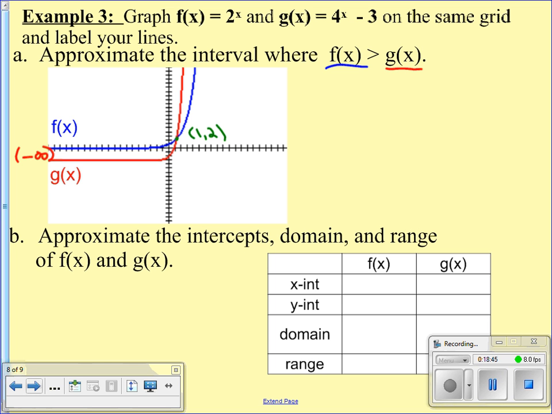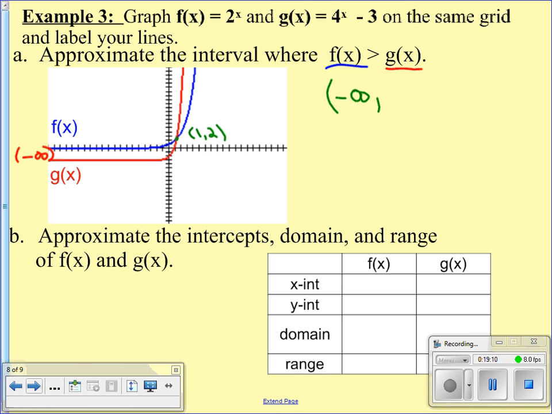So I need to find an interval where f of x is greater than g of x. Well, it looks like all the way from negative infinity, f of x is always going to be higher, because f of x has a higher y value than g of x. So my interval starts at negative infinity, where f of x has greater y values.